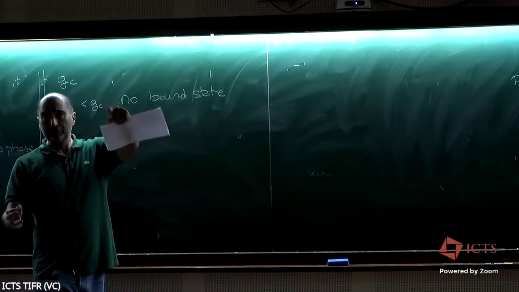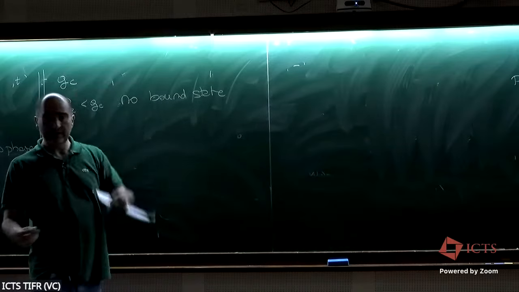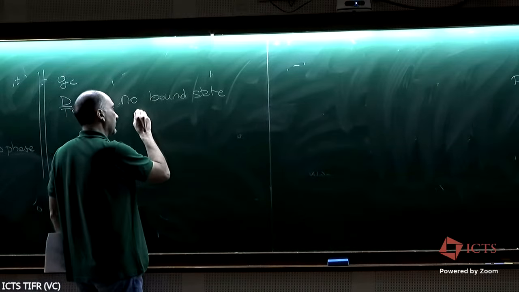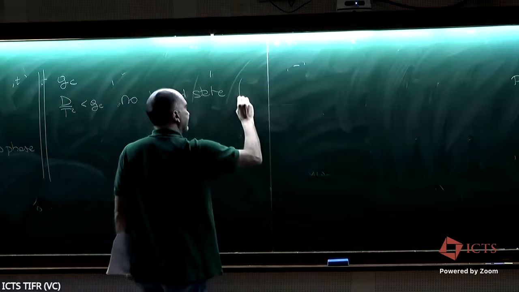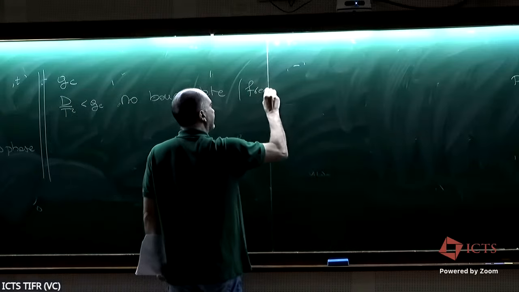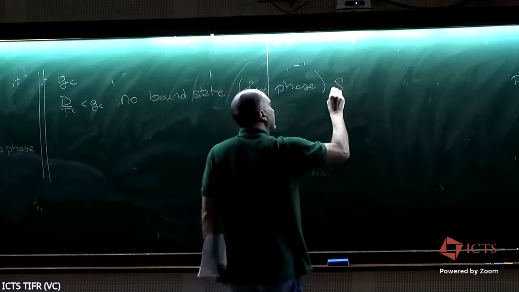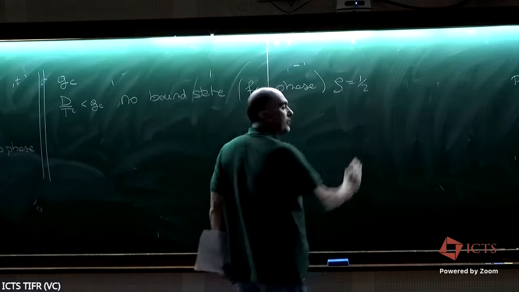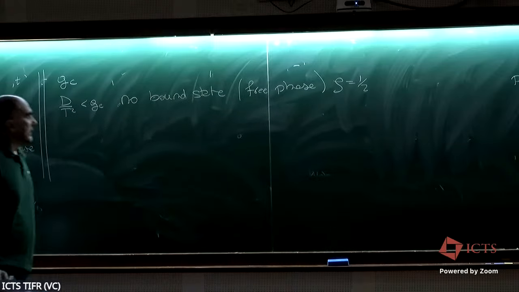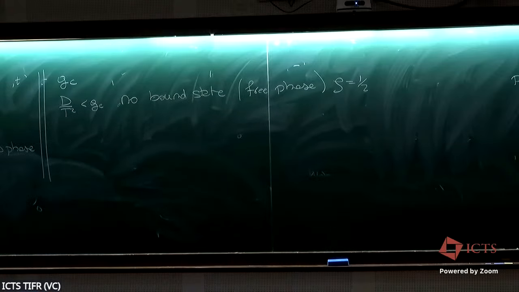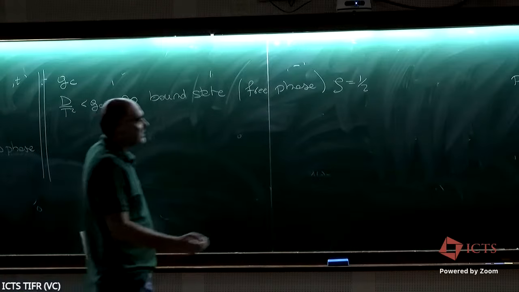It's like when you pick a polymer at random. So let me call it the free phase. The roughness exponent will be 1/2, and the exponent theta will be 0.